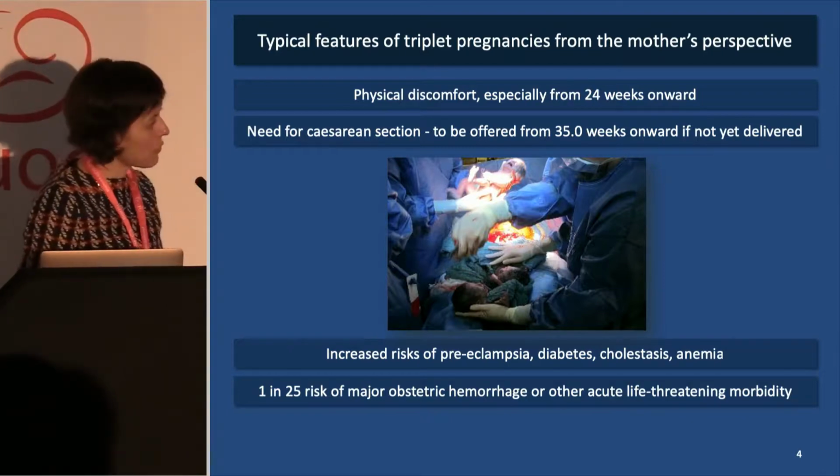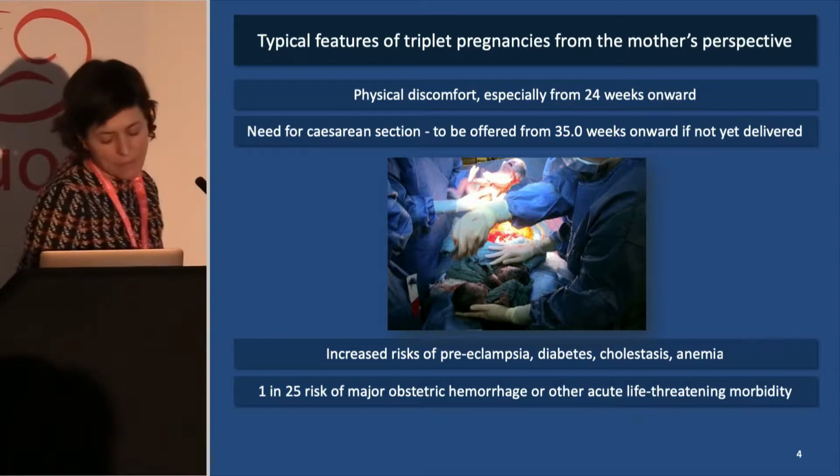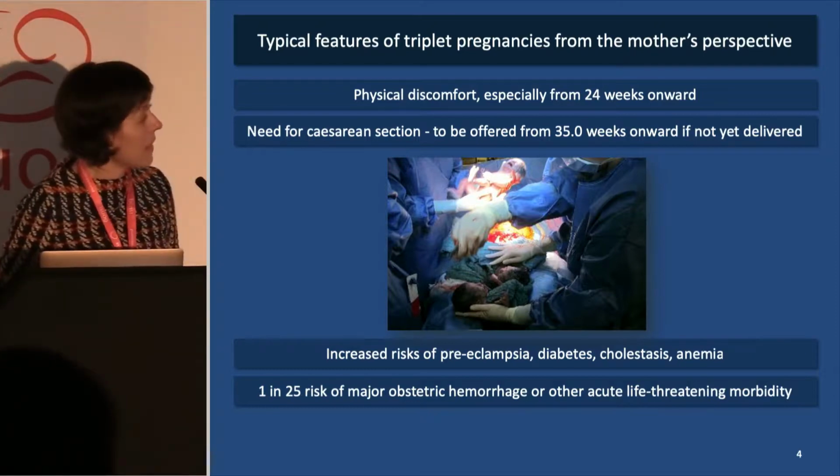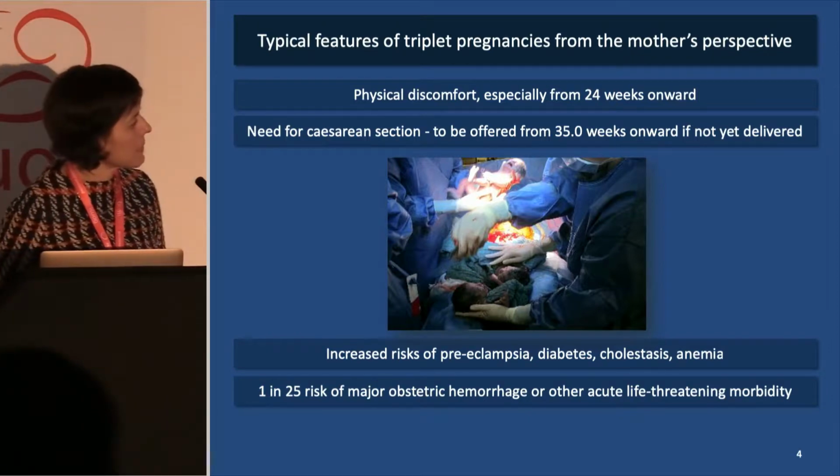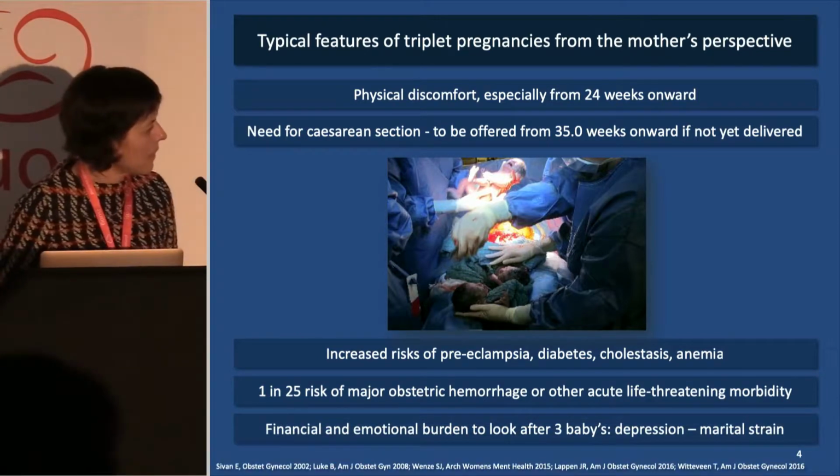So it's also a threat. A triplet pregnancy is also a threat for mom's health. And actually, the risk of maternal mortality is 10 times higher in triplets than in singletons.